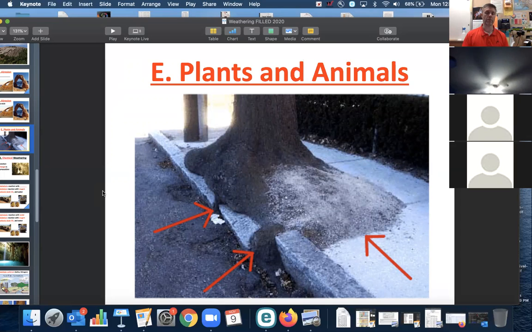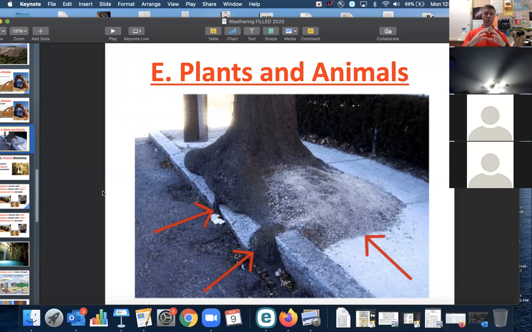This is also the cause for it. Maybe if you've seen a sidewalk, and then the sidewalk just pushes up for no reason, or maybe there's a sidewalk and one piece is pushed up. A lot of times the cause for that is because when they poured the sidewalk, there was a tree root underneath it.